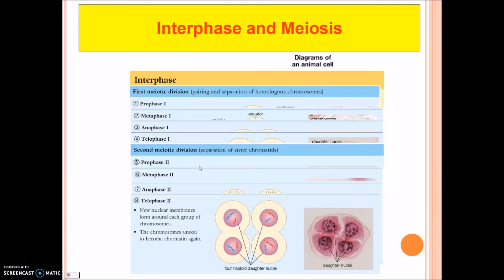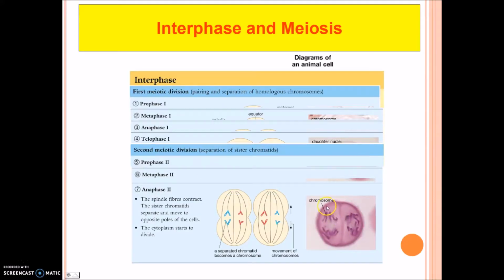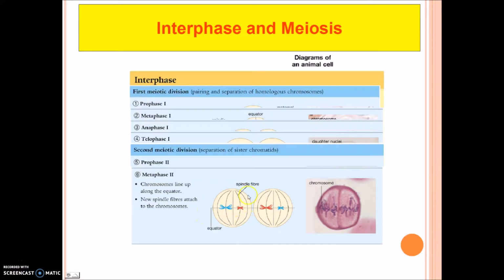Now, for all these pictures of chromosome behavior, you need to be very careful, because in the questions you will be given this type of picture, maybe a drawing or a micrograph, the real one.